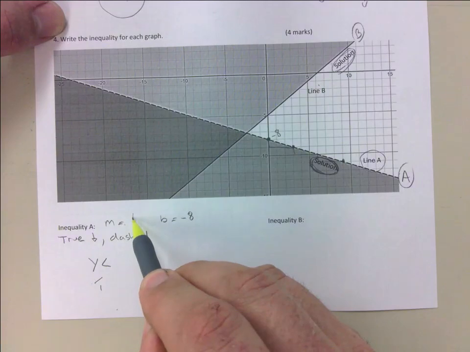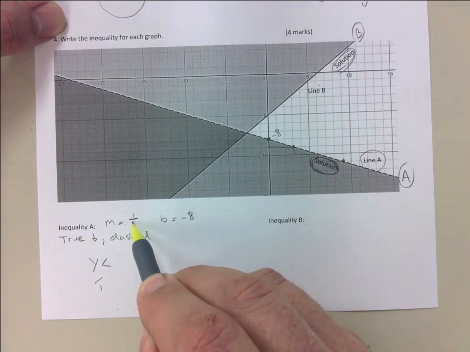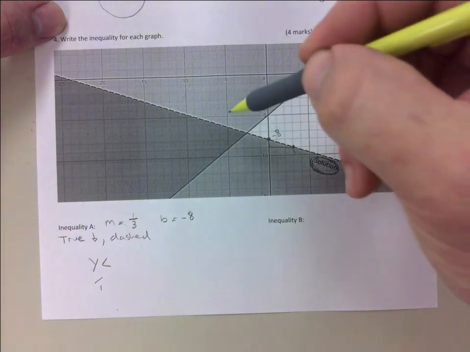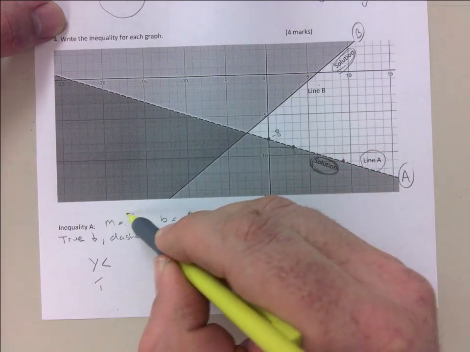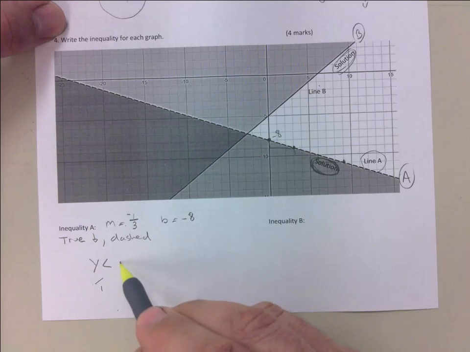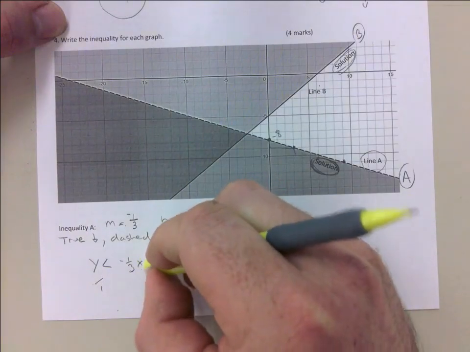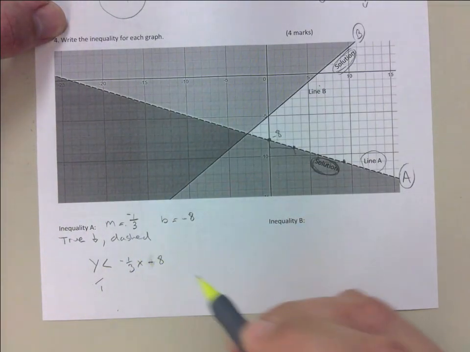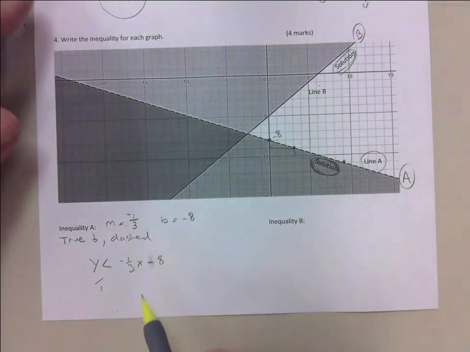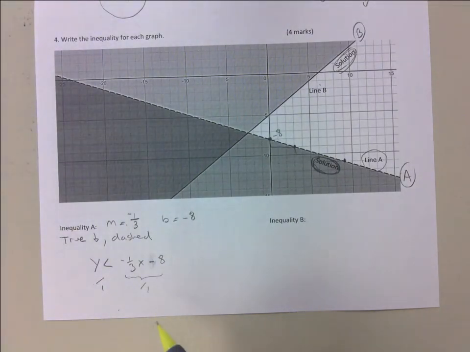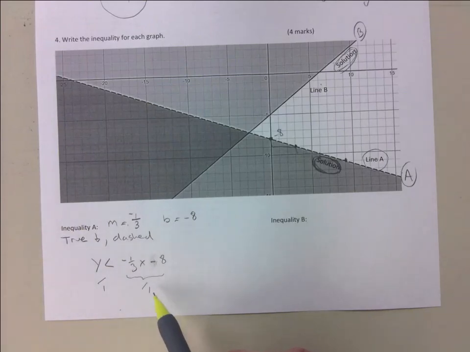So my slope is, your vertical is changing 1 for every 3 units that you're running. But since my line is going down from left to right, you have to put a negative in front of it. So this would be -1/3 x plus -8 basically. You can go plus -8. That's fine. So you get a mark for that side. But if you miss a sign, I'll take off half. But if you're completely off, then usually it's -1, if it's not even close, okay?